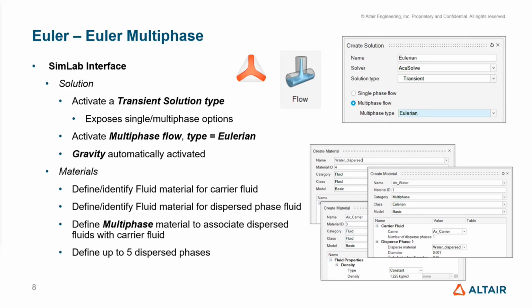In the material definition, users can either define or identify a fluid material for both the carrier and the dispersed phase fields. Multi-phase material is created to associate the carrier fluid with the dispersed fluid, and up to 5 dispersed phases can be defined for each carrier fluid.